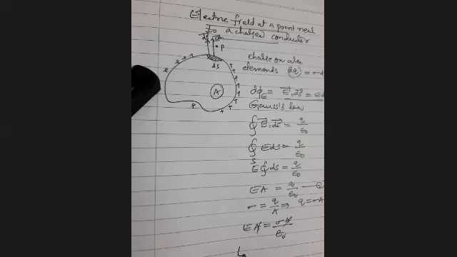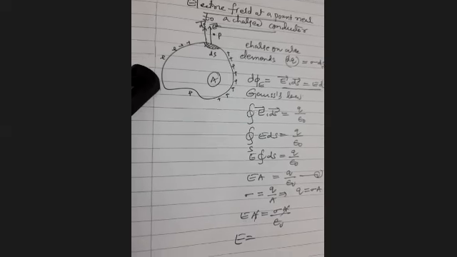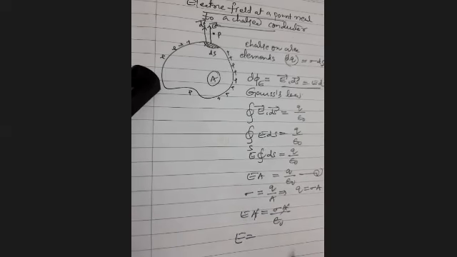Therefore, the field strength at a point very near to the charged conductor equals sigma by epsilon naught. So this is the required expression for electric field strength at a point just near the charged conductor.